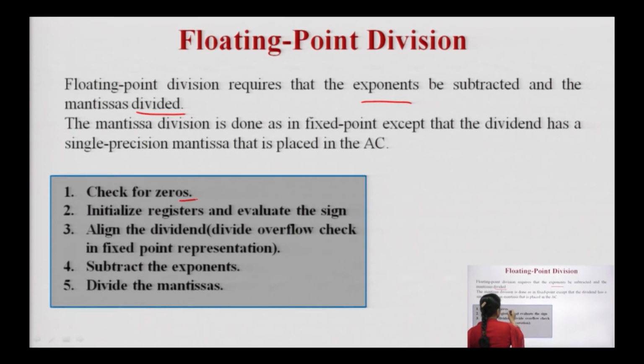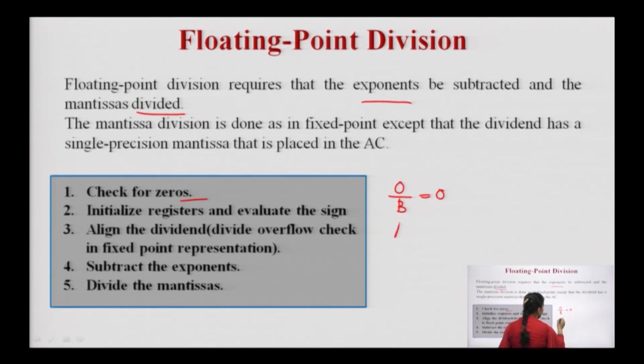Firstly we will check for zeros: if the dividend is 0, the answer will be 0. If the divisor is 0, then there will be a divide by 0 condition. So initialize the registers and evaluate the sign, align the dividend to avoid divide overflow conditions, subtract the exponents and divide the mantissas.